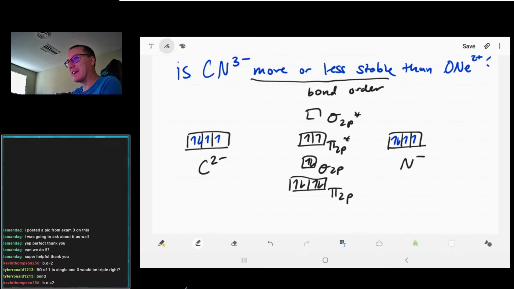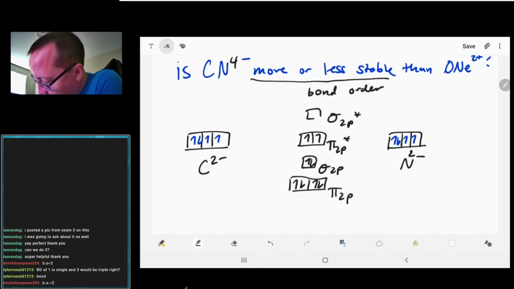Oh dear, and in fact it's going to be pretty much the same electron configuration here. Let's change this. We'll make it 4 minus instead. Yes. There we go. I don't want them to be the same, Kevin, so I'm going to just throw another electron in there, because otherwise they would be exactly the same. That was just silly, making up these crazy ions.